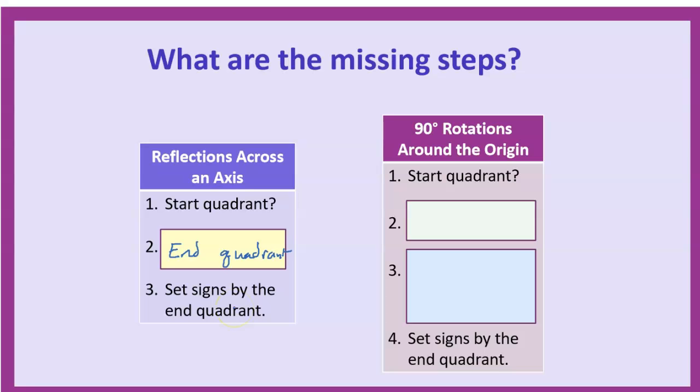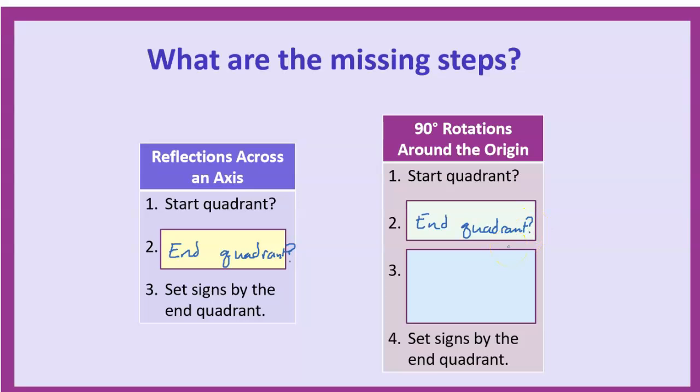How about 90-degree rotations around the origin? What 2 steps are missing here? Take a look. We evaluate the start quadrant. Just like in reflections, we also evaluate the end quadrant, so we can set the signs.